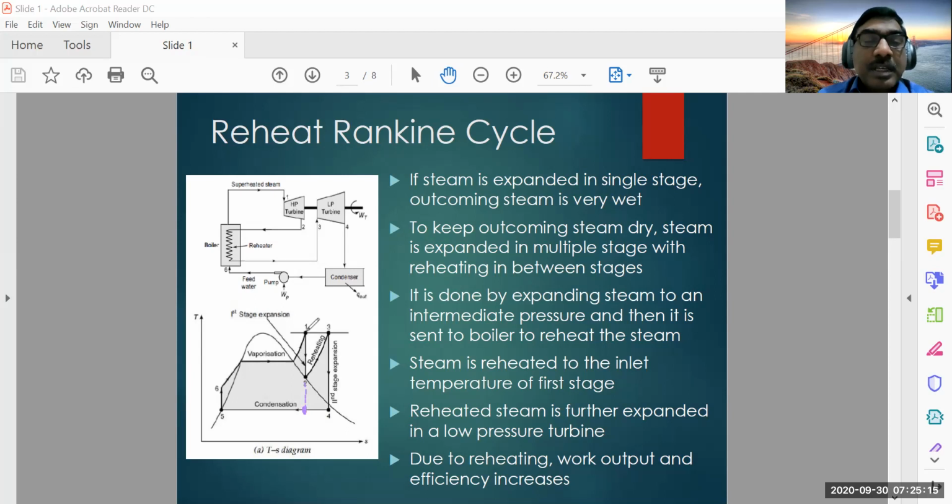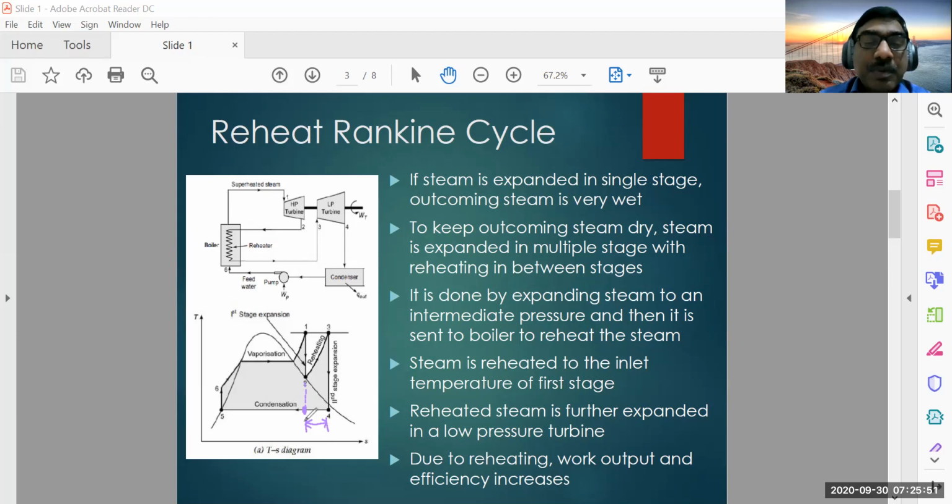If the entire steam is directly expanding from 1 to the condenser pressure, from the boiler pressure to condenser pressure, what is going to happen? This is the total moisture content that will be present in the steam. If the steam is directly expanded from this stage till the condenser pressure, this is going to be the moisture content in the steam. So very high moisture content.